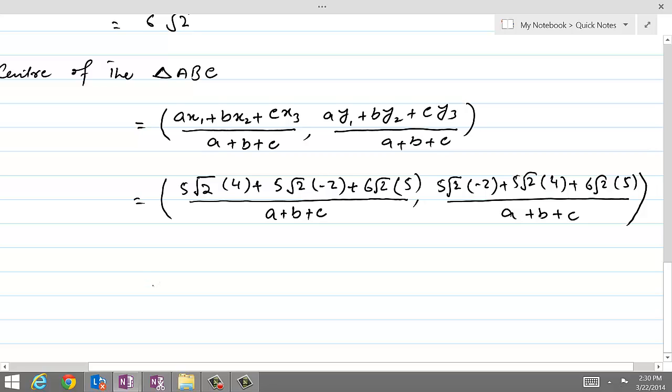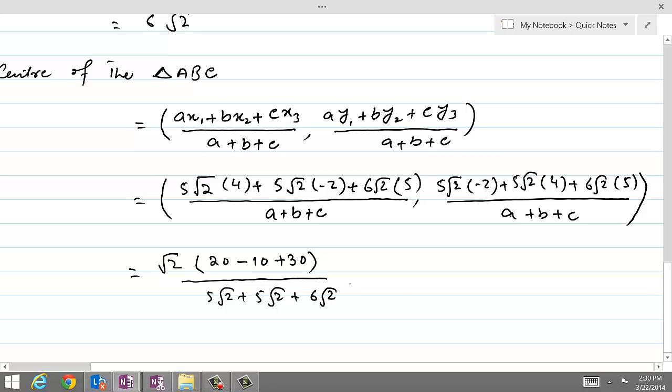In-center, and now we can simplify them by taking under root 2 as common, and what is left behind is 5 times 4, 20, plus this will be minus 10, and then plus 30, over the value of a plus b plus c, which is 5 into under root 2 plus 5 into under root 2 plus 6 into under root 2.